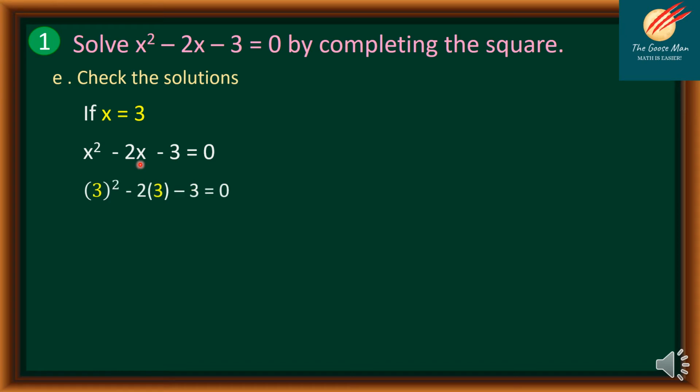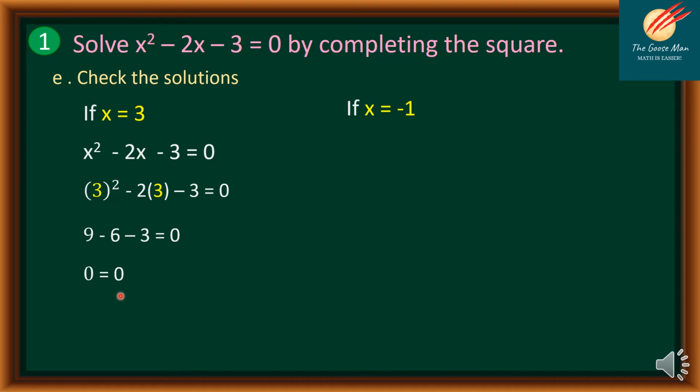So I come up now with 3 squared minus 2 times 3 minus 3 is equal to 0. Take note that 3 squared is equal to 9, negative 2 times 3 is negative 6, minus 3 equals 0. So 9 minus 6 minus 3, that is equal to 3 minus 3, which is equal to 0. So 0 equals 0.